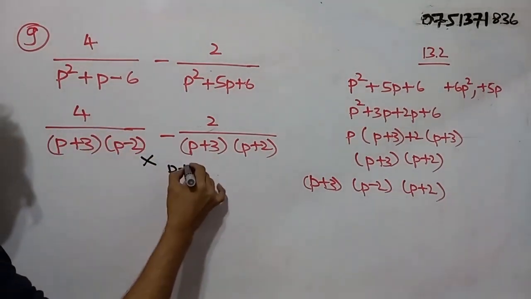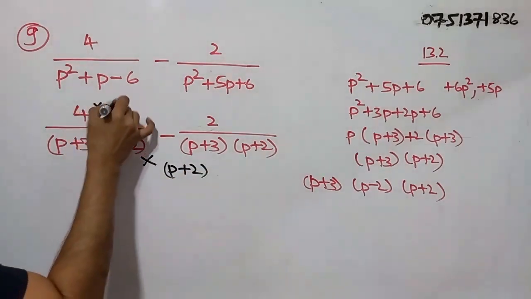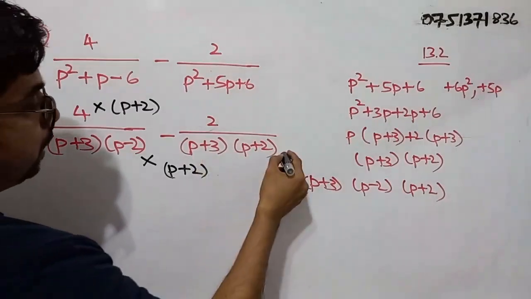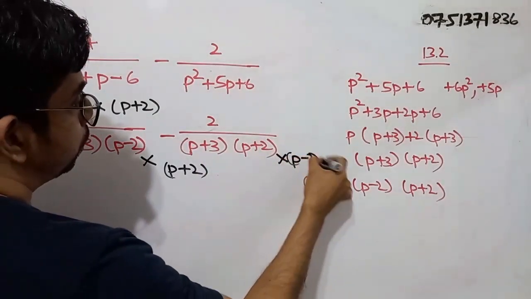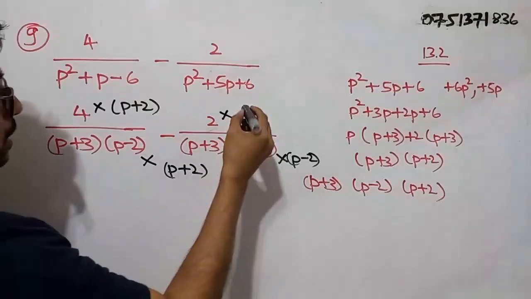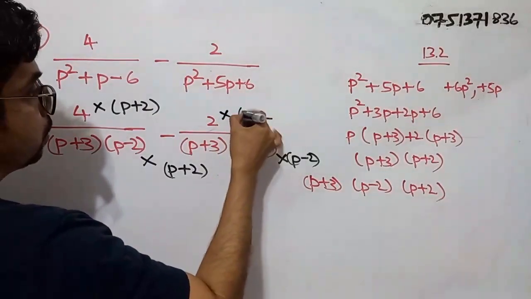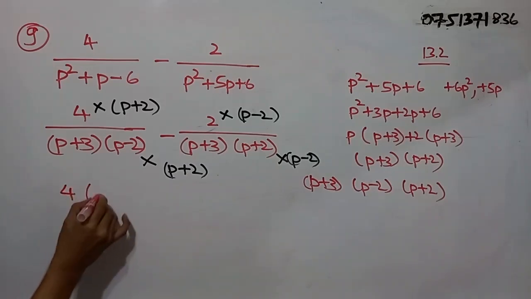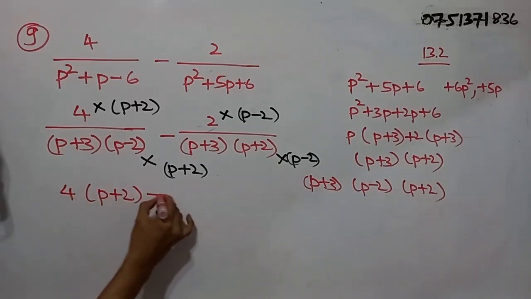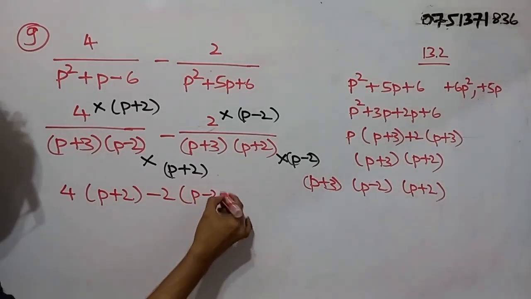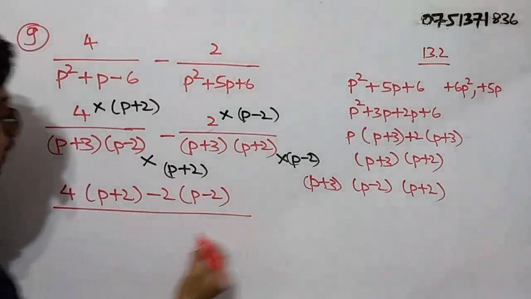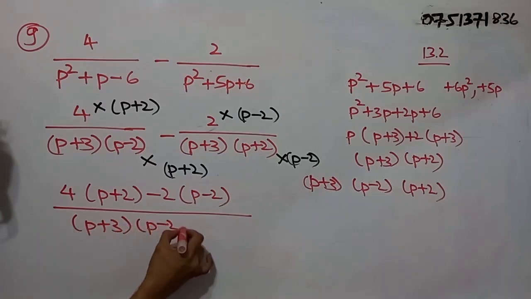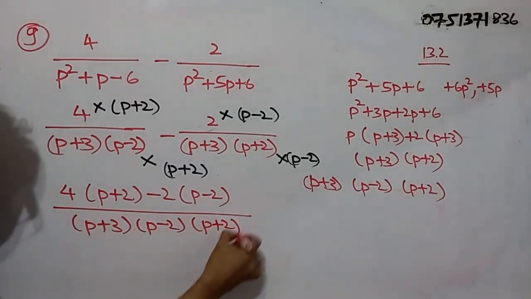P plus 2. So that means we need to multiply this by p plus 2 as well. So these two terms we need to multiply this by p minus 2. So that means we need to multiply this number by p minus 2 as well. Okay, so what do we get? 4 into p plus 2 minus 2 into p minus 2. Entire expression needs to be divided by what? P plus 3, p minus 2, p plus 2.